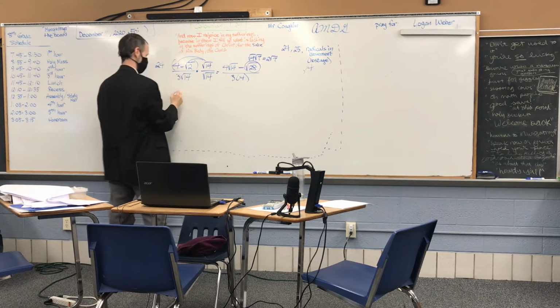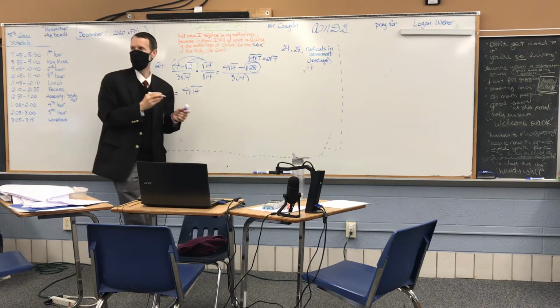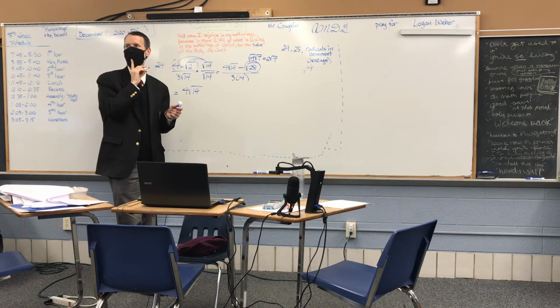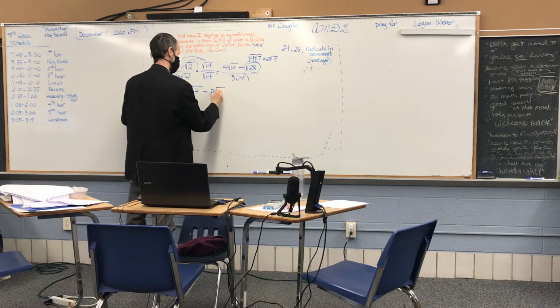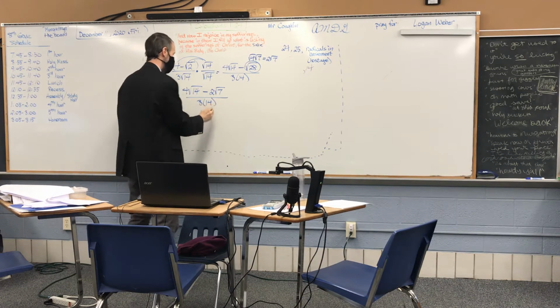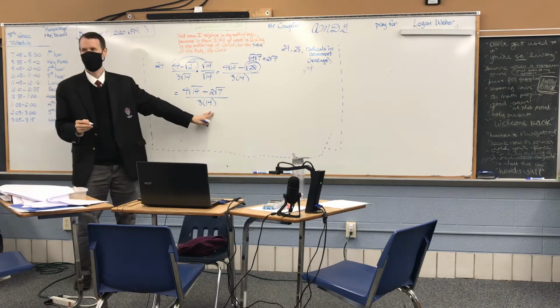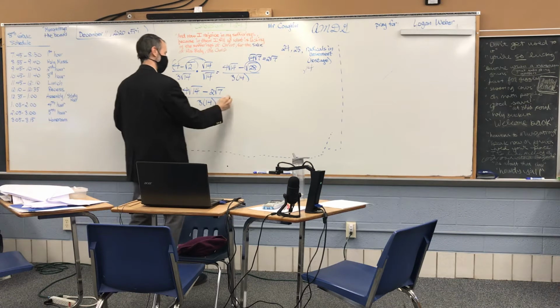Let me rewrite this. 4 radical 14 minus 2 radical 7 all over 3 times 14. And again, you can multiply this to 42, totally fine. But we have a GCF on top.